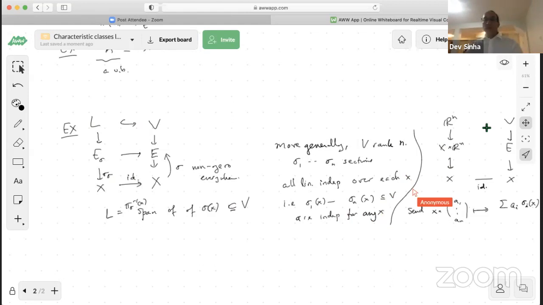So it's a very strong assumption. We saw that for some bundles, there isn't even a sigma 1, there is not a section that is independent for all x, because if I have a single vector which is 0, that is a linearly dependent set, of course.